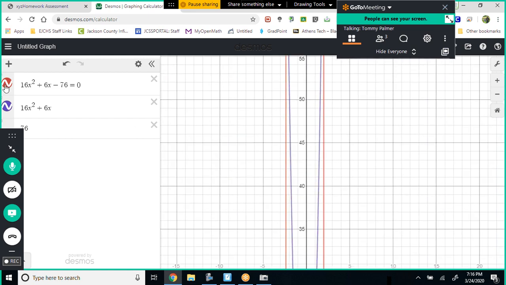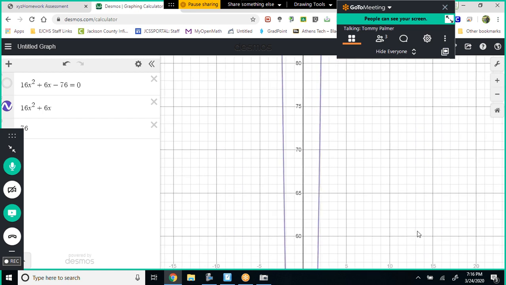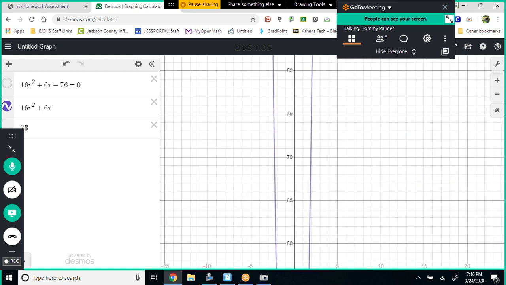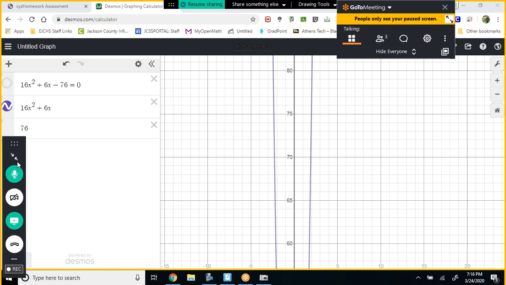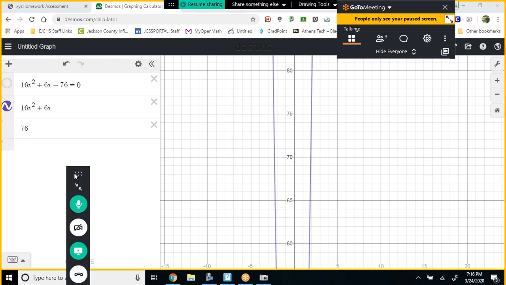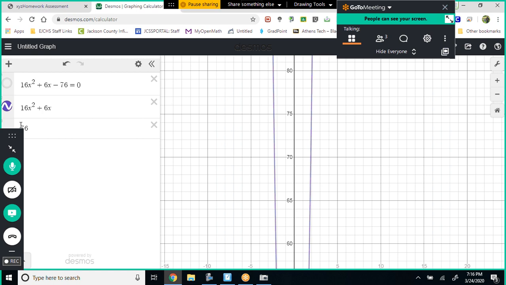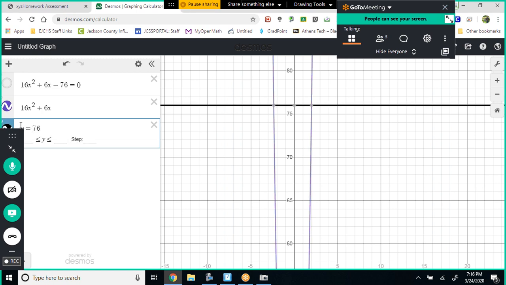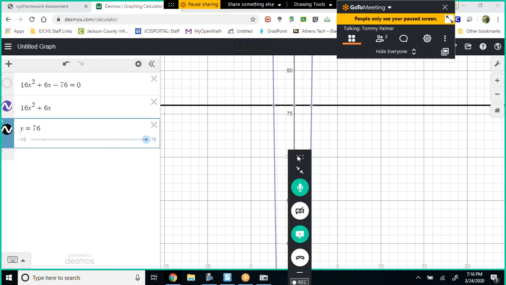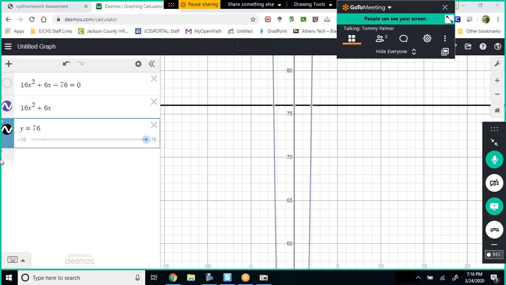Let me make this one go away. We go up here to 76. We should have a line. Y equals. There it is. So if I put y equals 76, I don't know why it didn't take it without it.